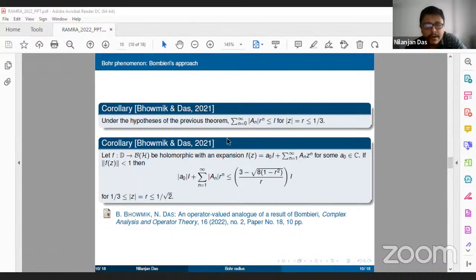Okay, and another corollary that is also an operator valued analog of the corollary by Bombieri.